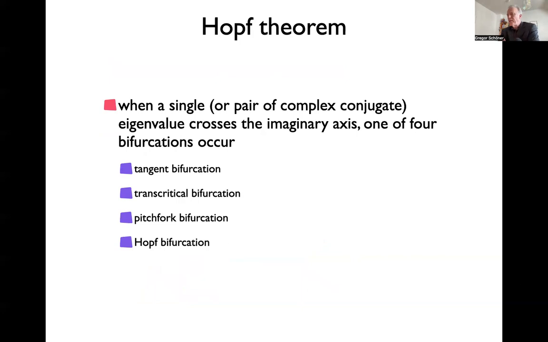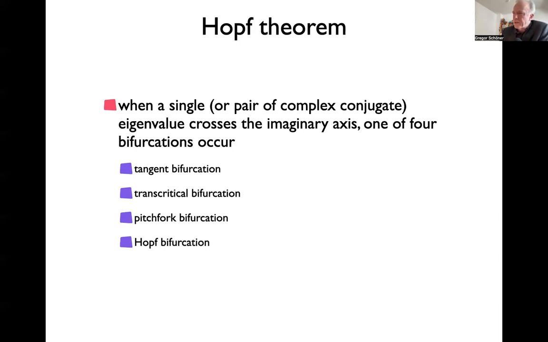It dates from the 1920s, and it proved that under certain conditions, there are only 4 kinds of things that can happen. So the conditions roughly are that there is a single eigenvalue that crosses the imaginary axis, meaning that its real part changes sign, and there's some other technical conditions, something about no special other complications, like other terms also being 0 at the same time.